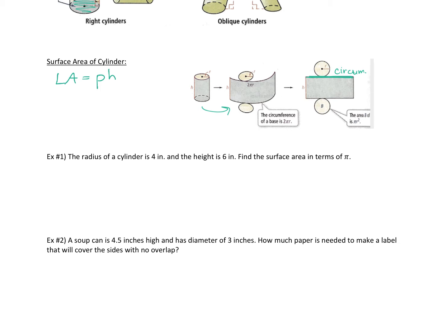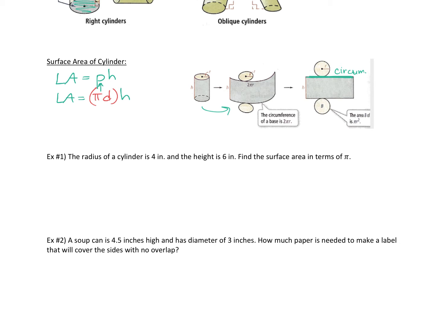So if I'm doing perimeter of the base times the height of the figure, another way you can think about this, there's two ways really, is instead of making it P, I could call it pi times diameter, right? And then my H. So if you want to think of that formula for lateral area as pi dH, you're welcome to. I'm not going to make you memorize that because it's just another formula.